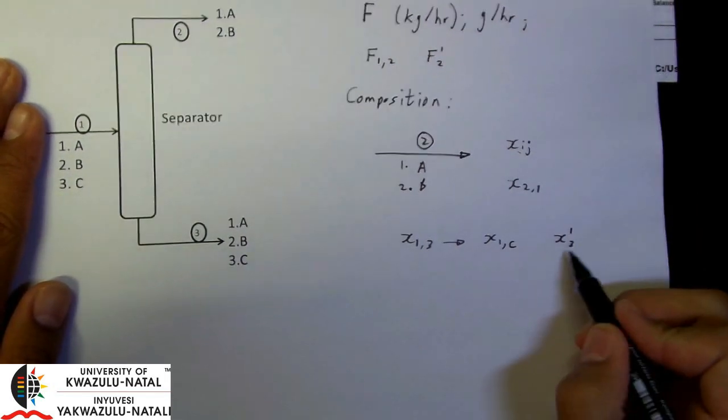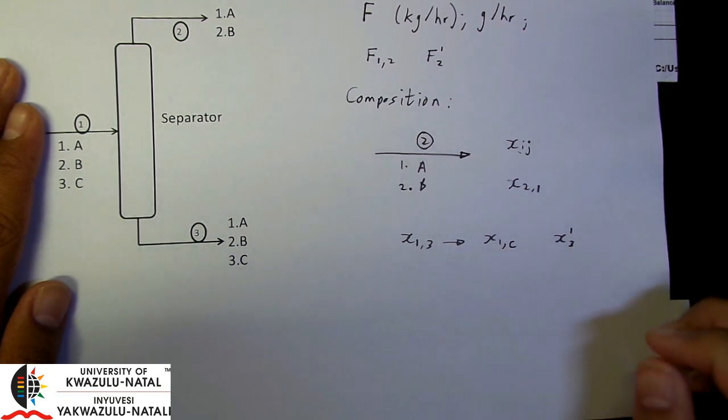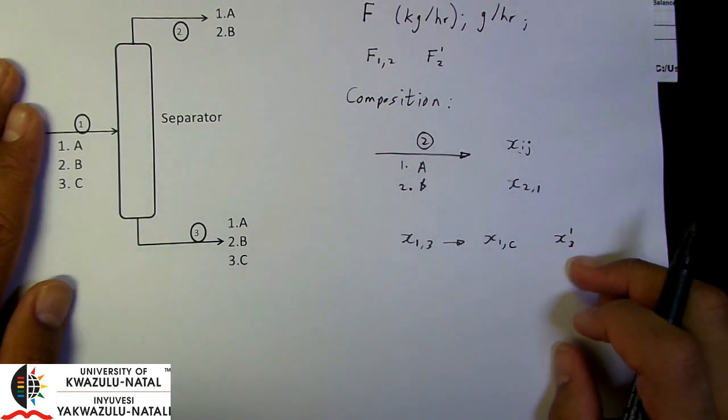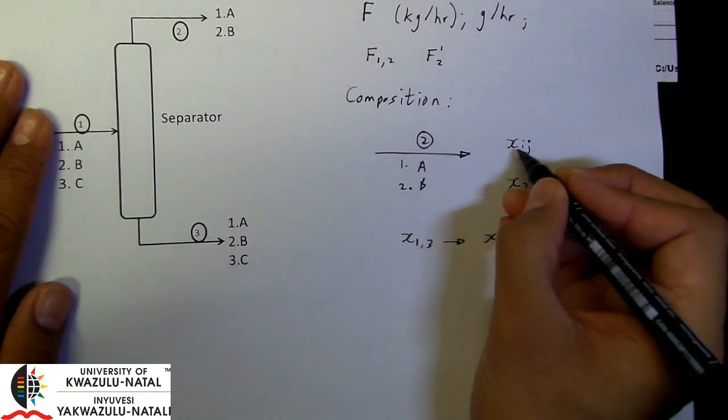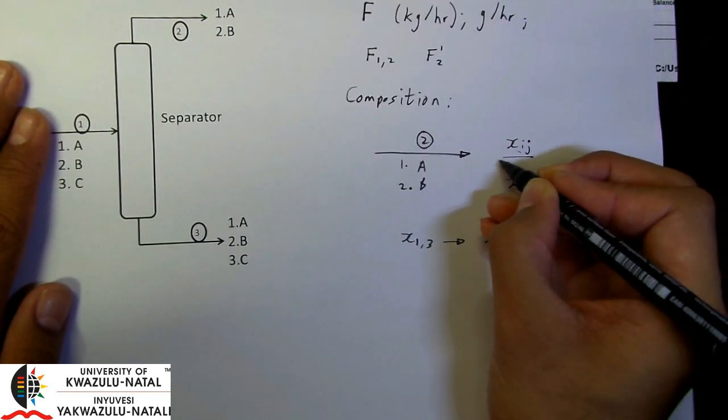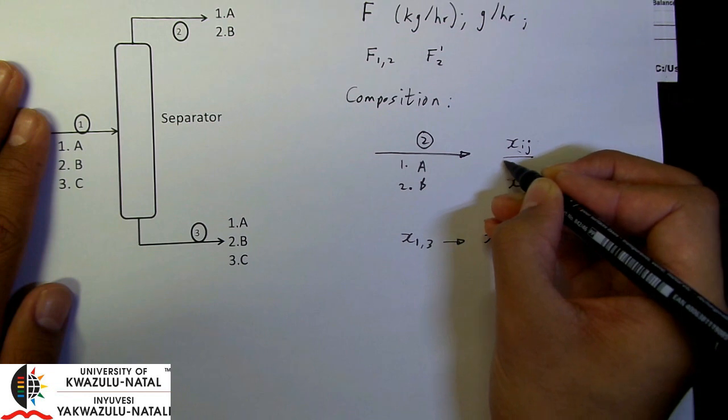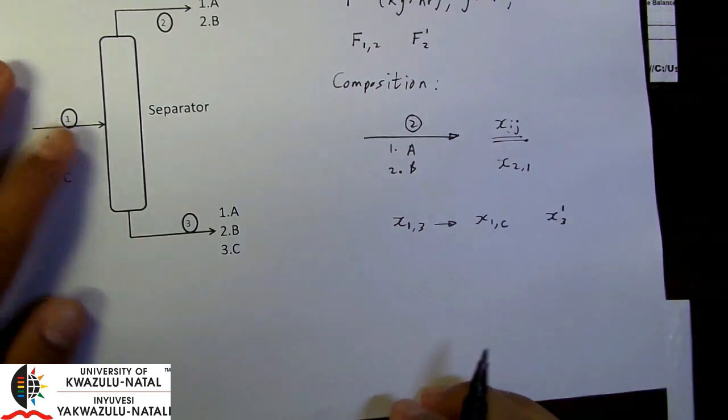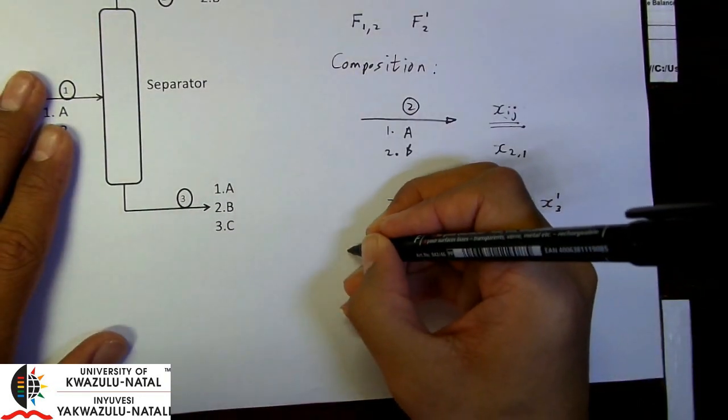Many textbooks have used this type of notation. And remember that X will always denote molar composition. For mass composition, we can use W.